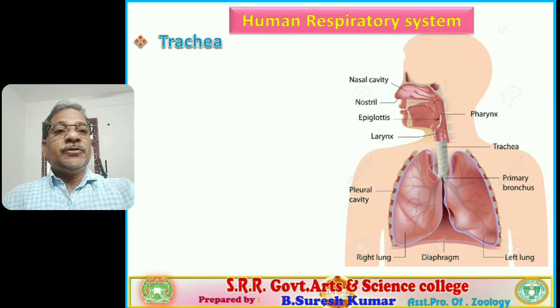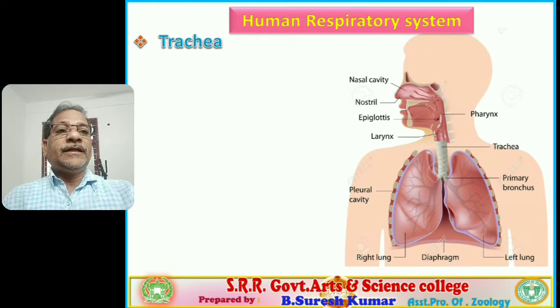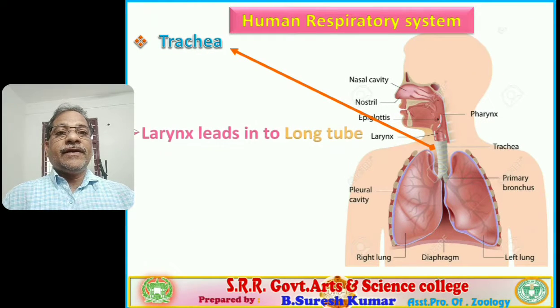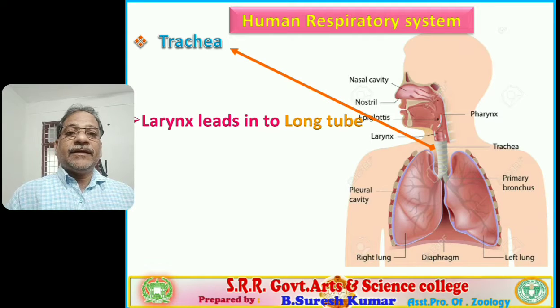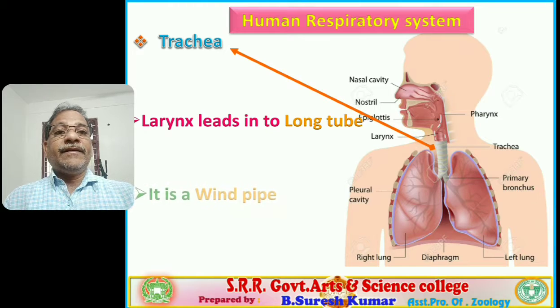You observe this visual, the white colored tube that represents the trachea. The larynx leads into a long, narrow tube, so it is called the trachea.